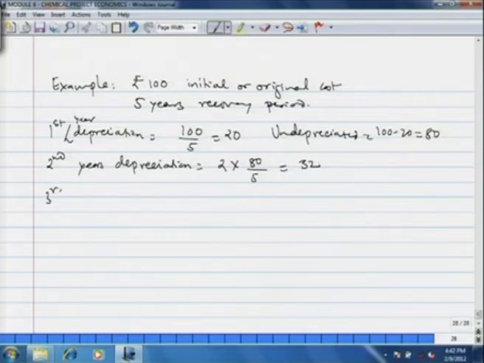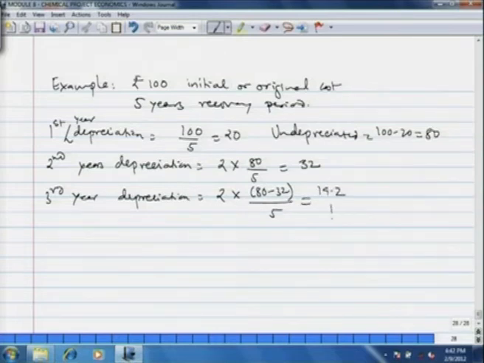Then third year depreciation is 2 into 80 minus 32 by 5, that is 19.2, and so on and so forth. So you can prepare a table for different properties with different age. Okay. So that was all about the depreciation.